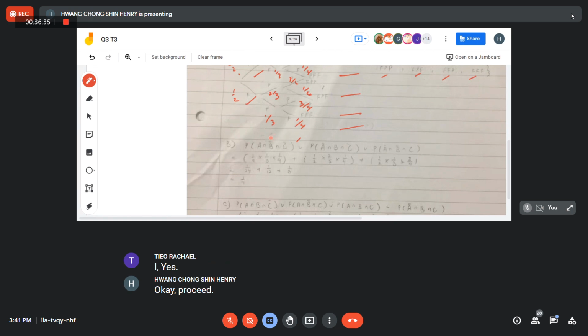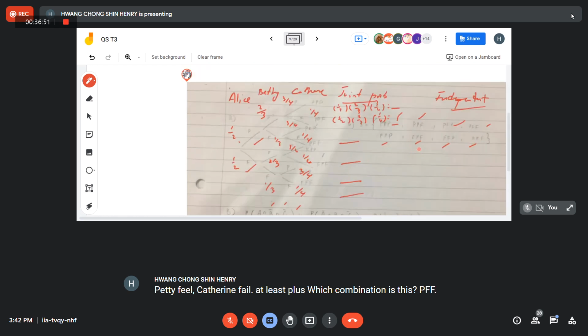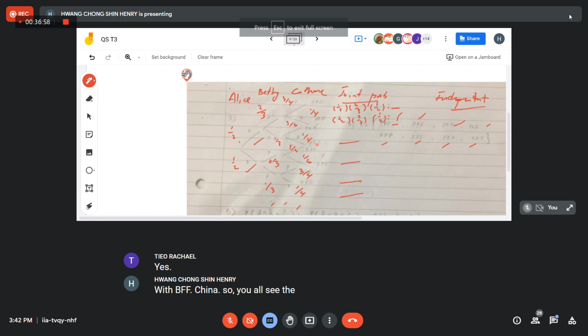This means what? Patty fail, Catherine fail, Alice pass. Which combination is this? PFF. Yes, PFF. So you all see the branches correctly, yeah.